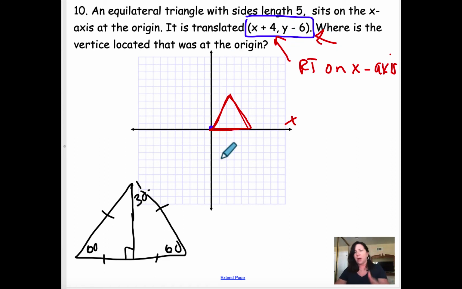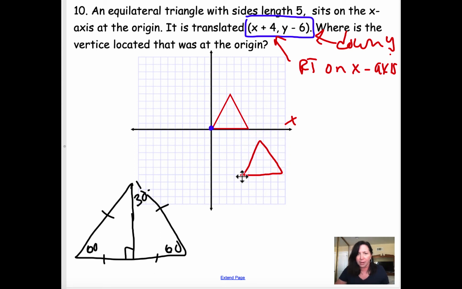On the y-axis, it could go up or down. But because it says y minus 6, we're going to go down on the y-axis. So we're going to go 4 to the right: 1, 2, 3, 4. And then we're going to go down 6: 1, 2, 3, 4, 5, 6.